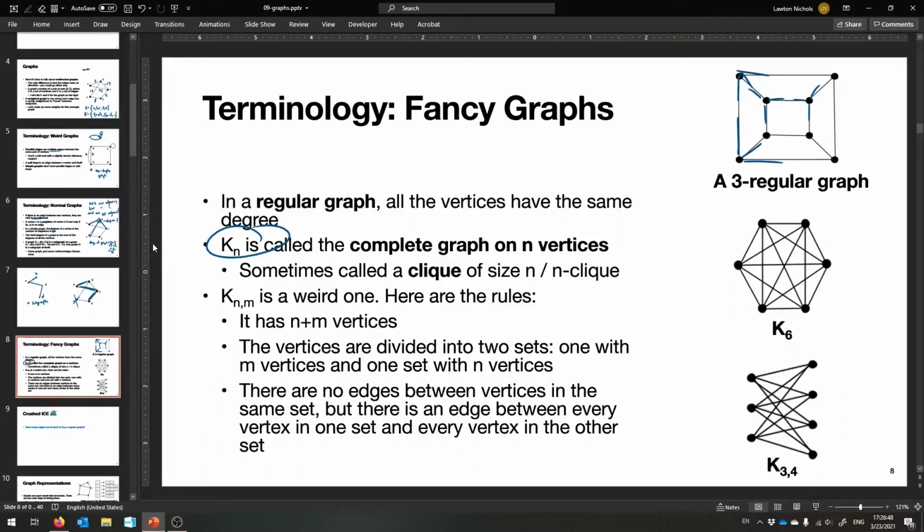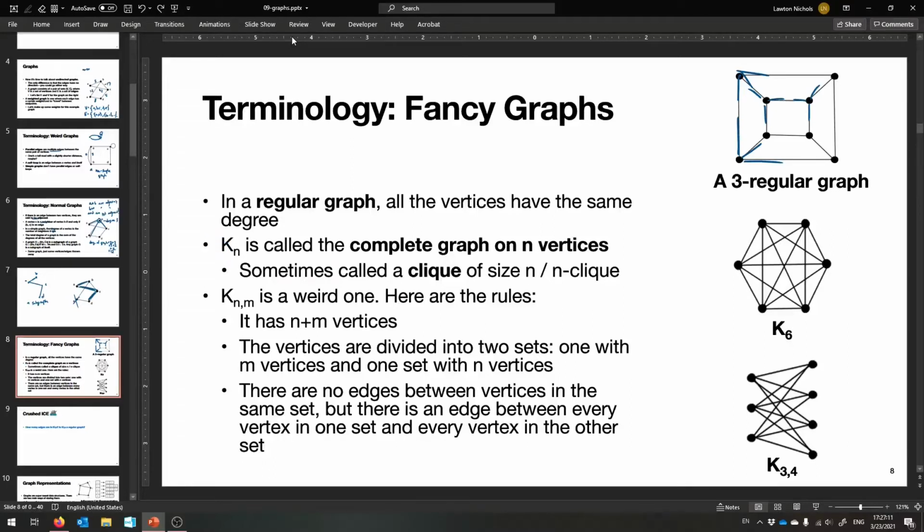Probably the most popular one that you're going to see in the literature when you go on to future classes is going to be complete graphs. Those are important to think about a lot. K is probably German for the word complete, though we make the hard C sound anyway, so just think K for complete.